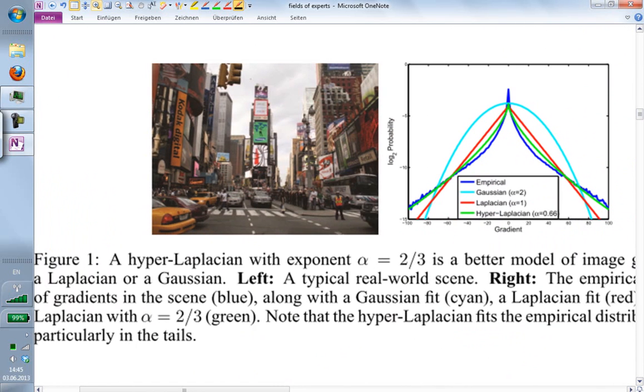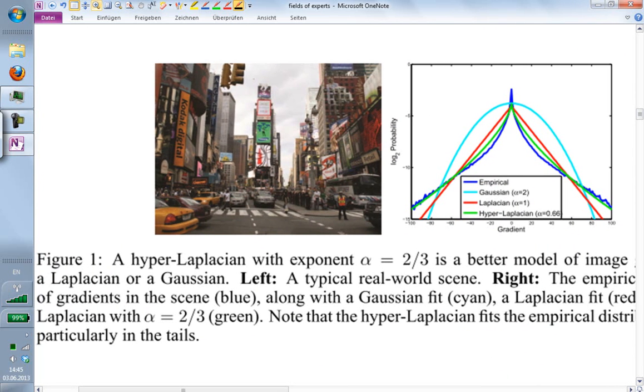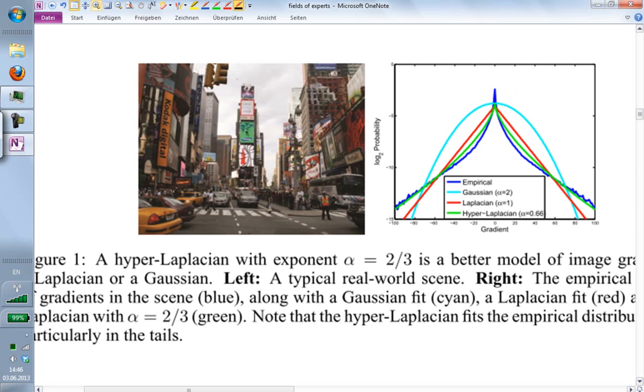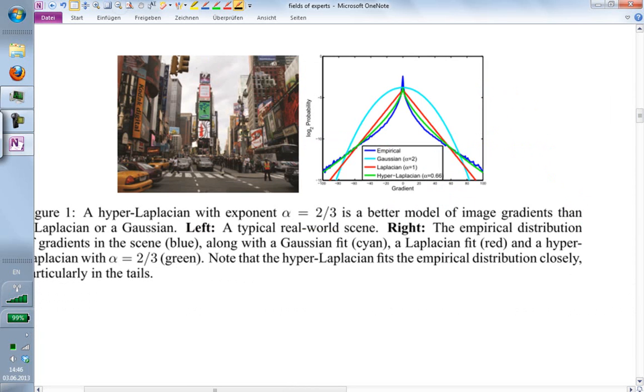If you take a natural image, as natural as downtown New York is, and consider the distribution of gradients that you find, so if I make a histogram of values xi minus xj, and take the logarithm of this histogram, then you get the blue curve.